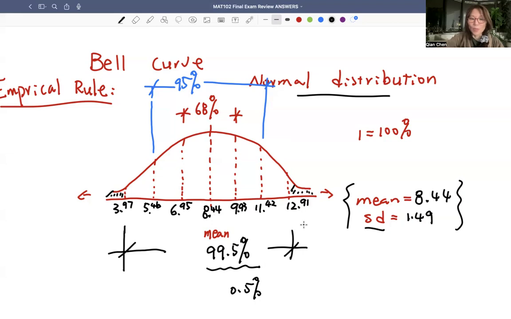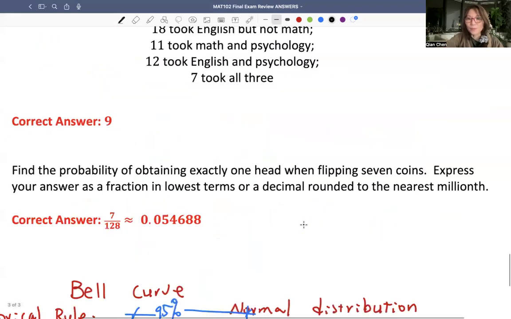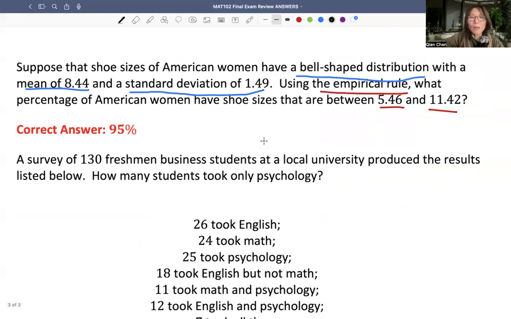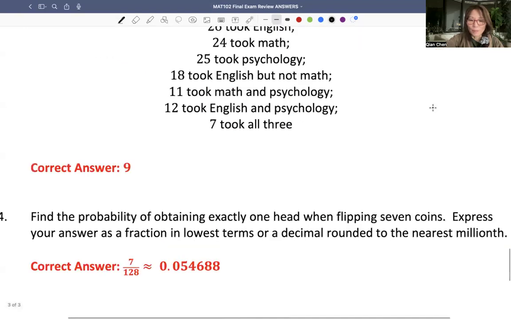Okay, now let's go back to the question. The question is asking, what percentage of American women have shoe size between 5.46 and 11.42? Let's find those two numbers.